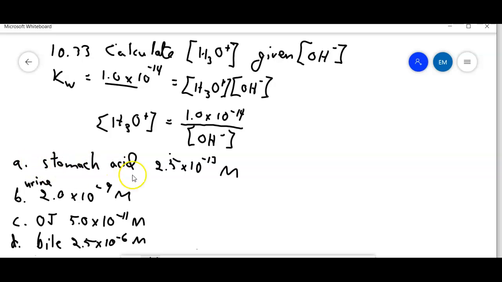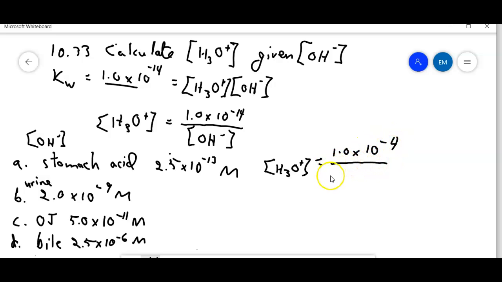So all you really need to do now, these are hydroxide ion concentrations here. So you're going to have stomach at 2.5 times 10 to the minus 13. Your hydrogen ion concentration is going to be equal to 1.0 times 10 to the minus 14th divided by 2.5 times 10 to the minus 13th. We'll work through that. And then urine is going to be, well, I'll just work these out and then put down the numbers.